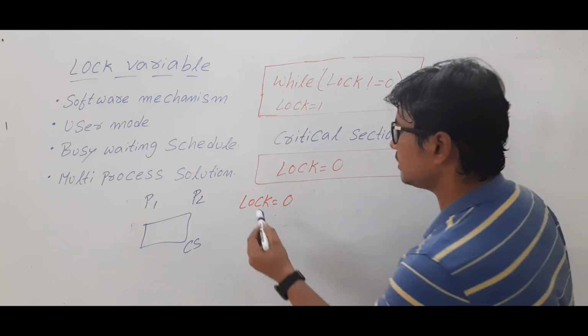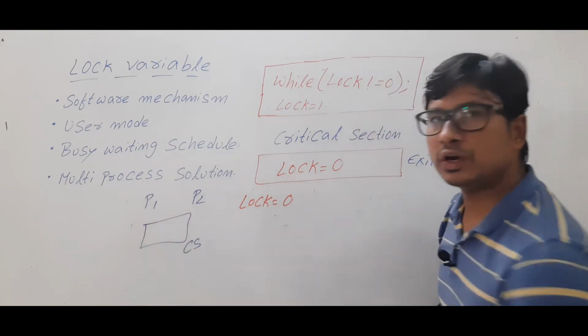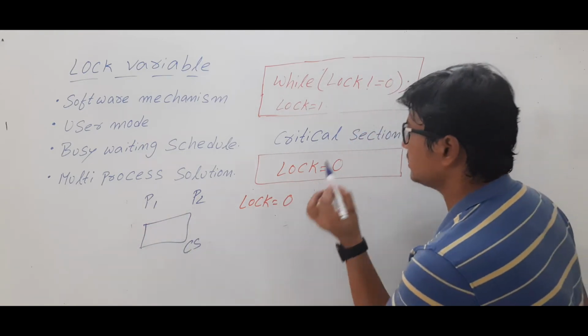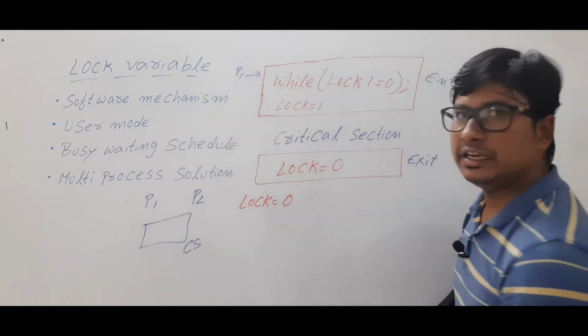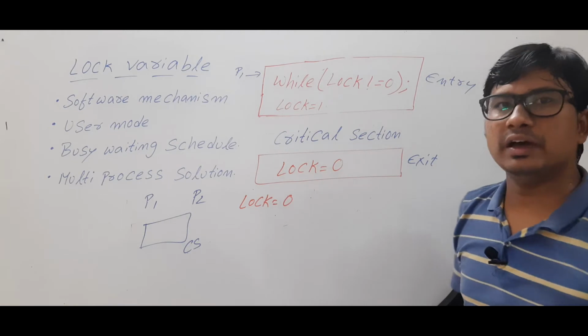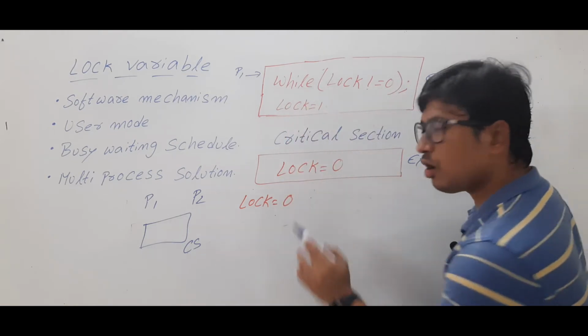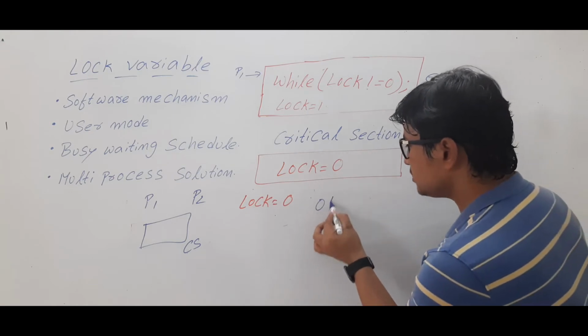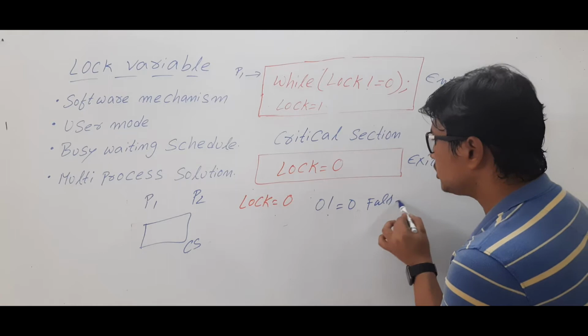Now, look here. Initially the lock value is 0 and process P1 wants to enter the critical section. It needs to execute the entry section. While lock not equal to 0, what is the lock value? 0. So 0 not equal to 0 is false, because 0 is equal to 0.